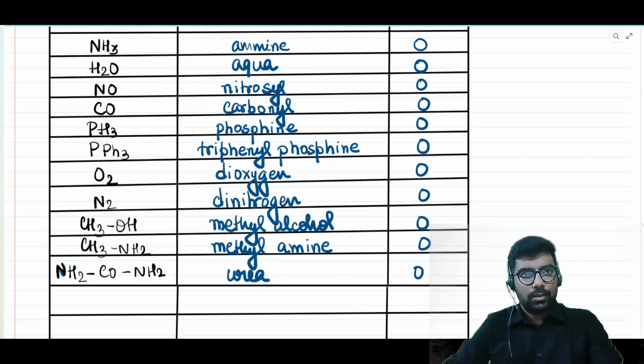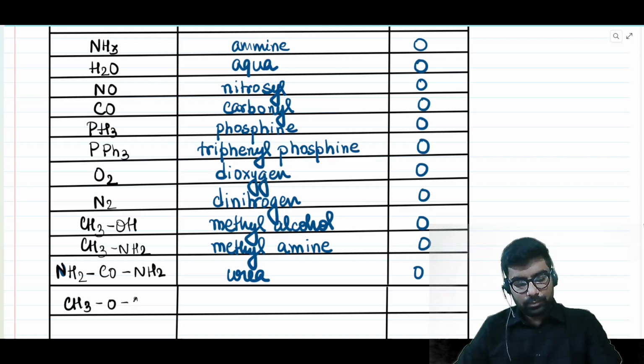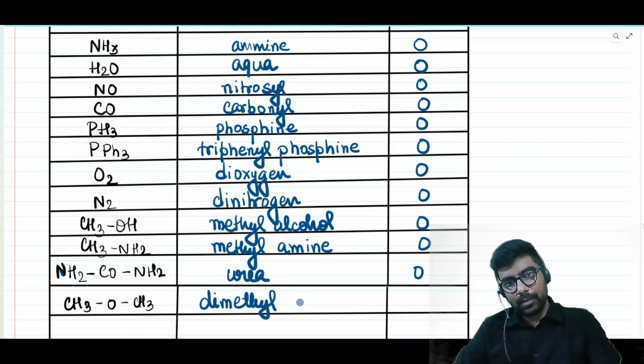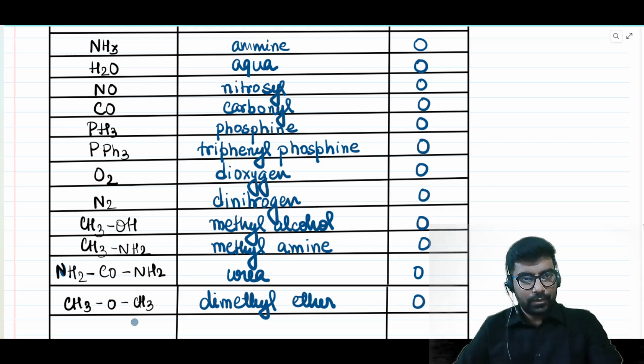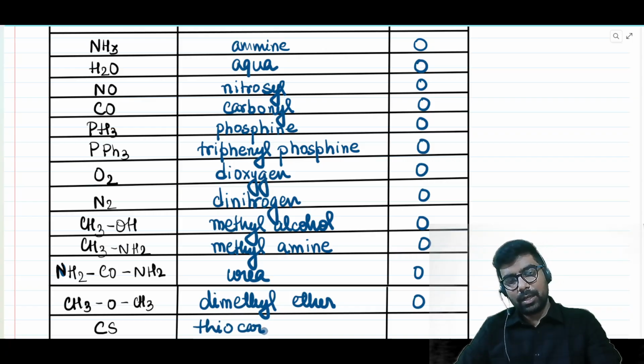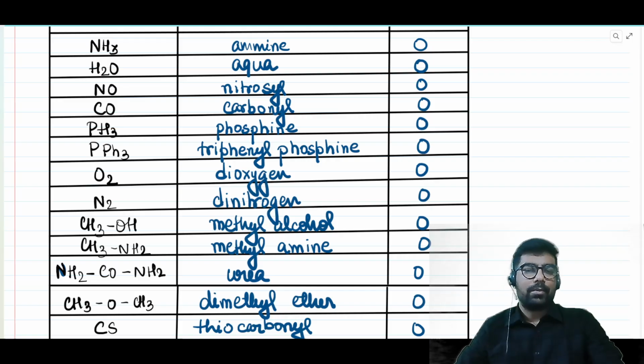Charge is 0. Then we have CH3OCH3, we call it dimethyl ether. Again, the charge is 0. And then we have CS, we call it thiocarbonyl. When there is sulfur, we use the term thio. CO is normal carbonyl, CS is thiocarbonyl.